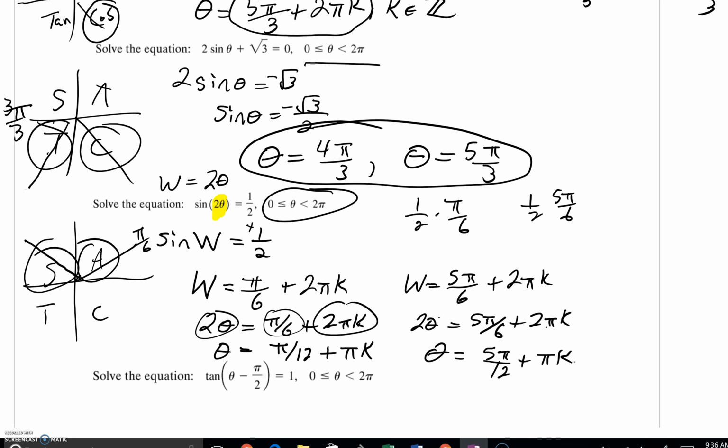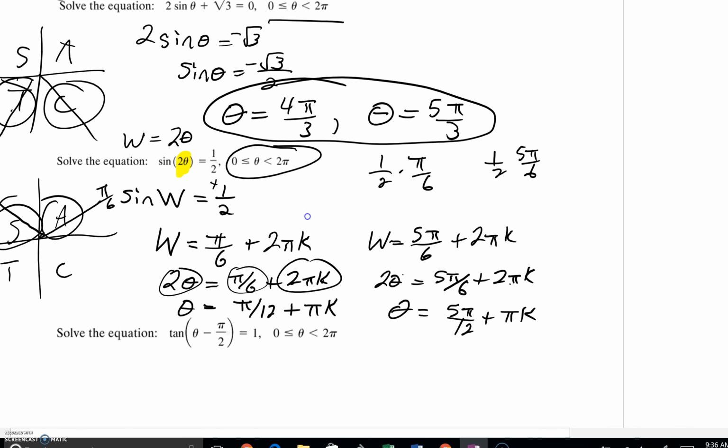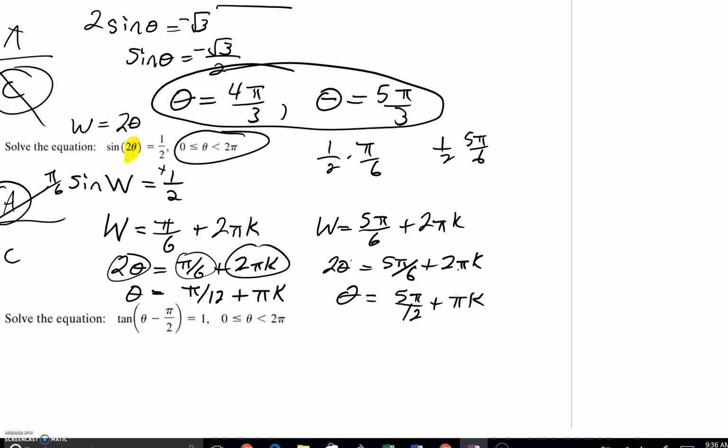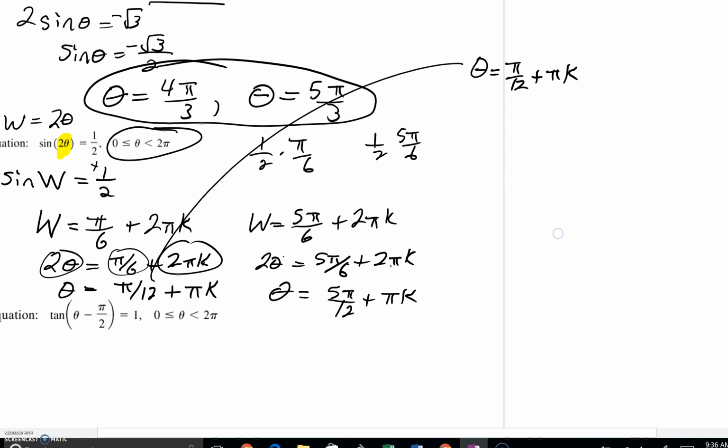Agreed, but listen, right now, I can come back over here and say if theta was equal to pi over 12 plus pi k, and if theta is equal to 5 pi over 12 plus pi k, I only want answers between 0 and 2 pi.